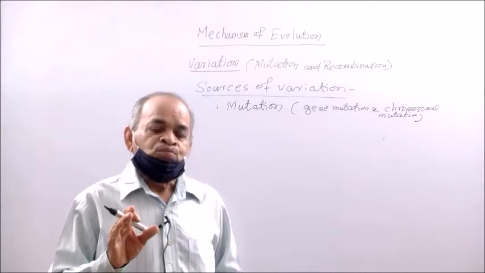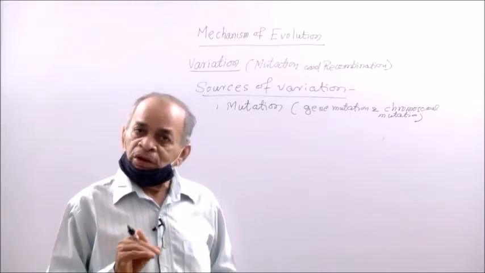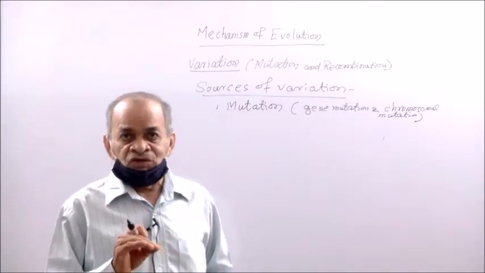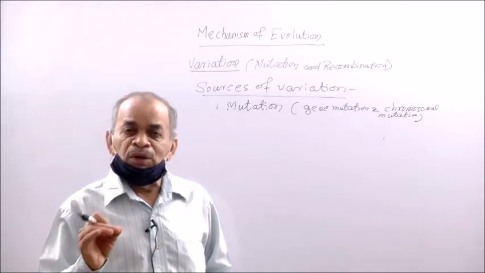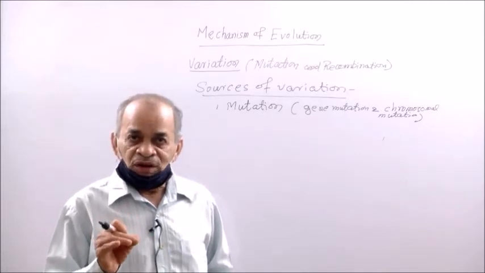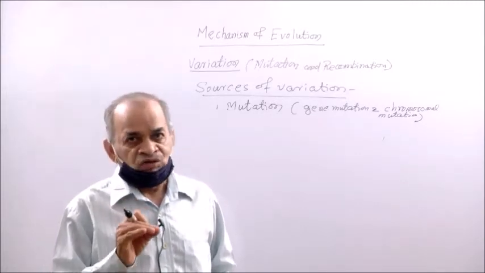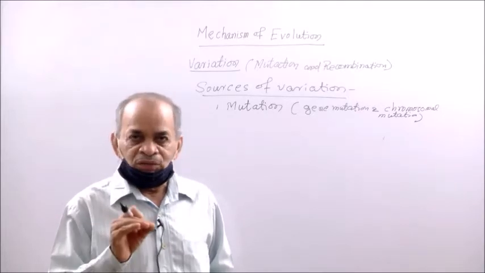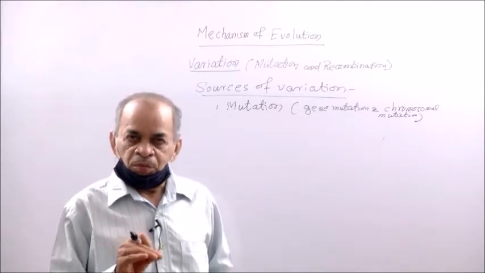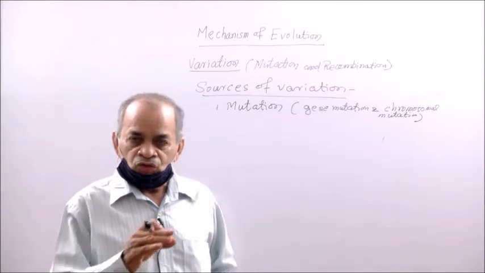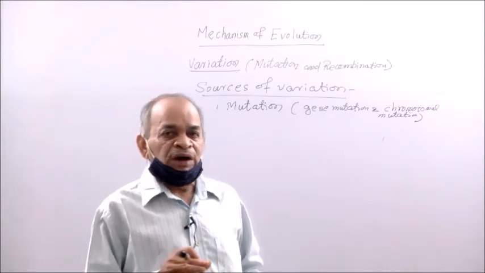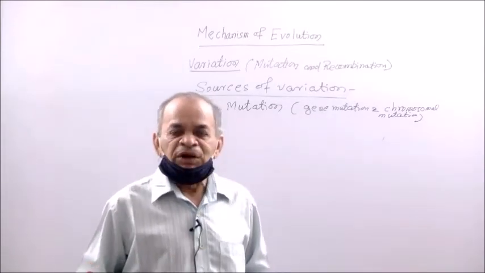Because in the body, the cells can be divided into two categories: somatic cells and germinal cells or germline cells. Germline cells are present in the gonads, testes and ovary, where the gametes, the sperm and egg, are formed. So through them, these genetic changes are transmitted.